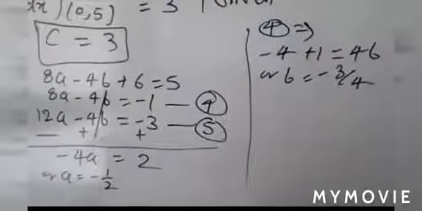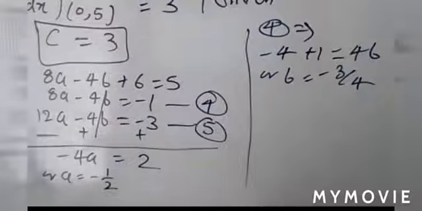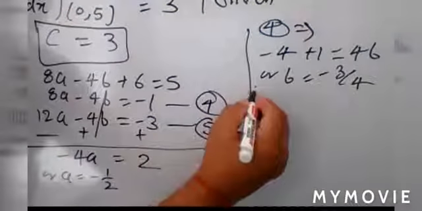In this way, you have all the unknown quantities a, b, and c. Now putting all those values in equation 1 gives the equation of the curve.